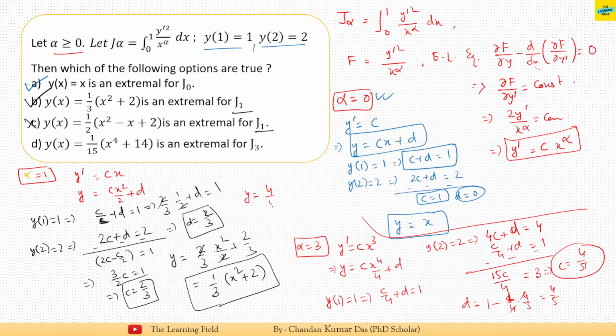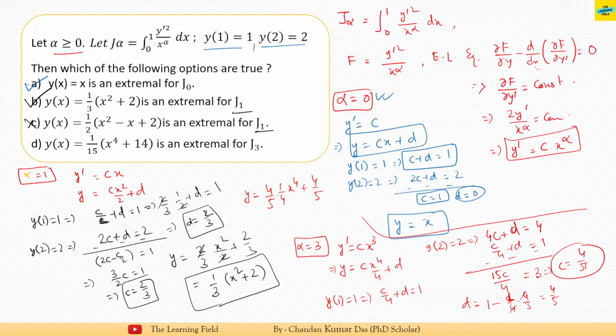So 4 by 5 into 1 by 4 x to the power 4 plus d means 4 by 5. y equal to cx cube, alpha and x to the power 4 by 4. cx to the power 4 by 4 plus d. c by 4 plus d equal to 1, and 2 to the 4 is 16, 16 by 4 means 4c plus d equal to 4.